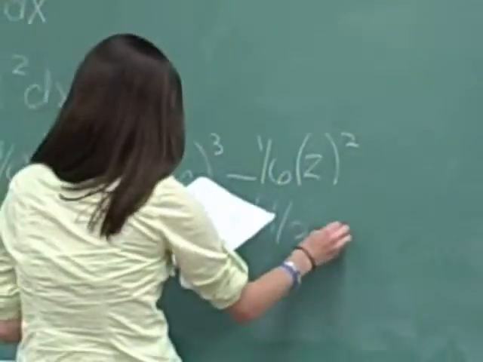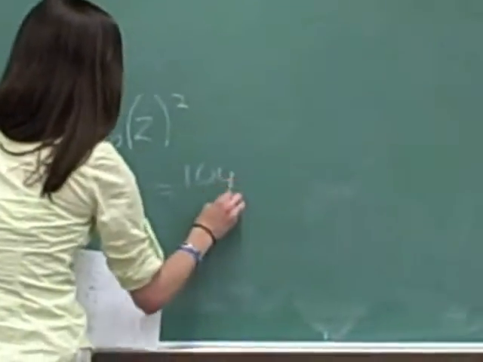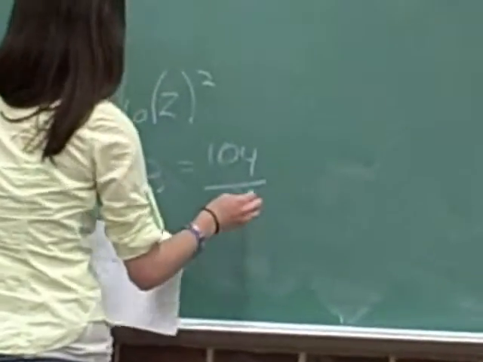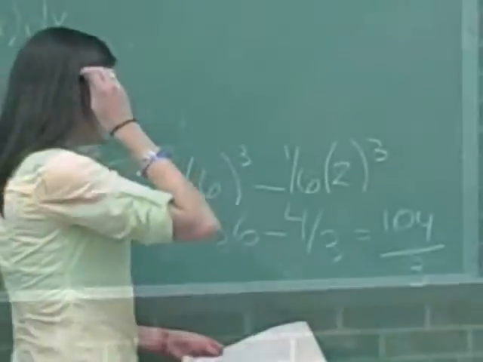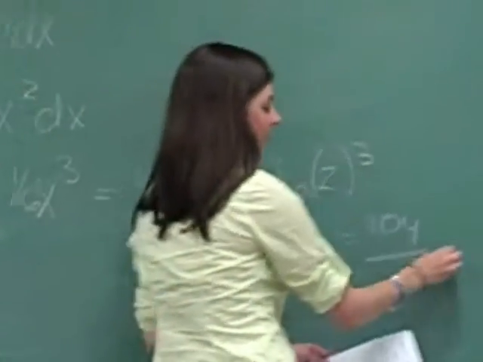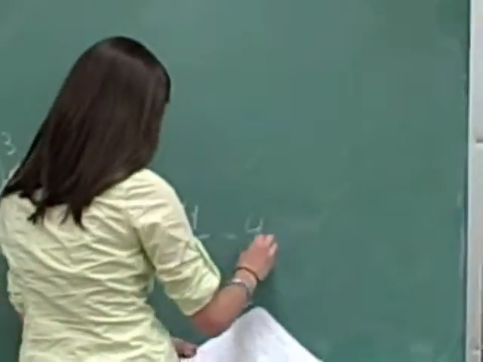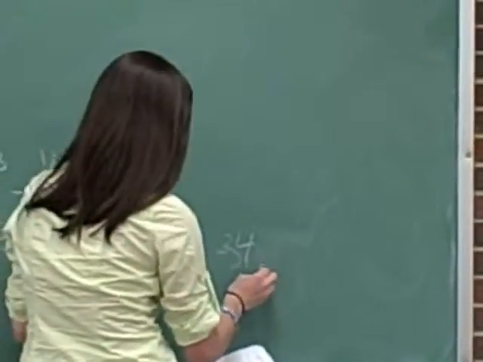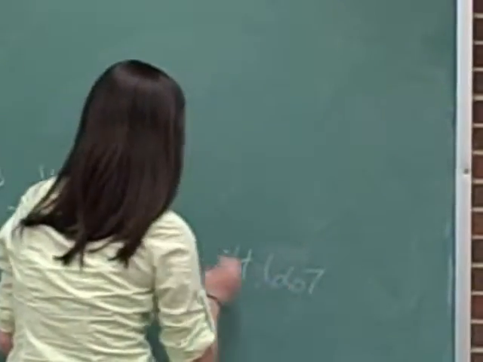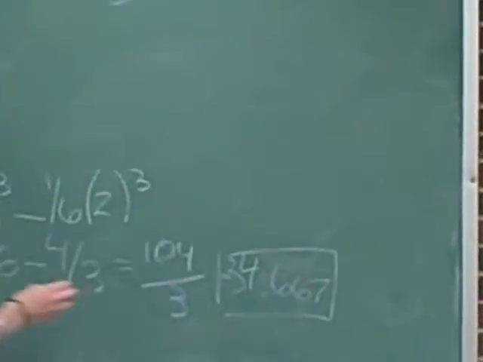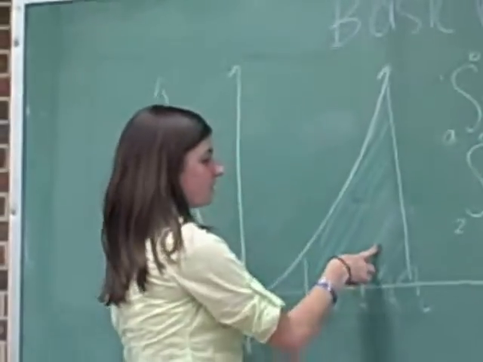That equals 104 over 3, or if we're going to round with decimals, it's 34.667. That is what our area is underneath this curve.